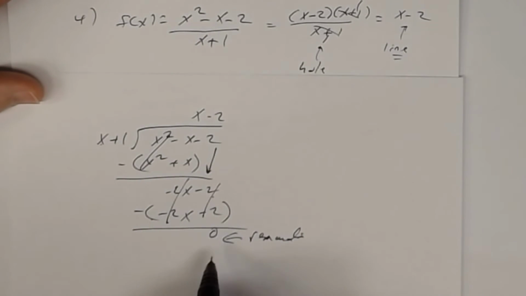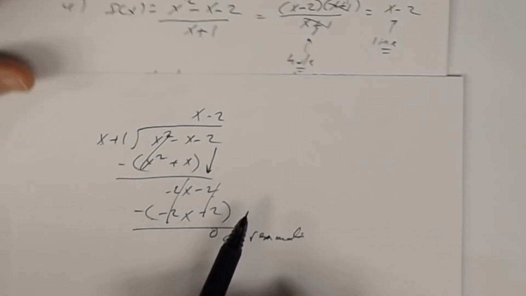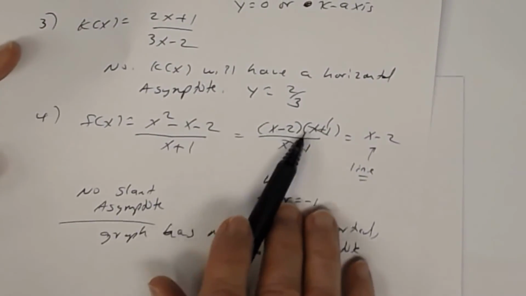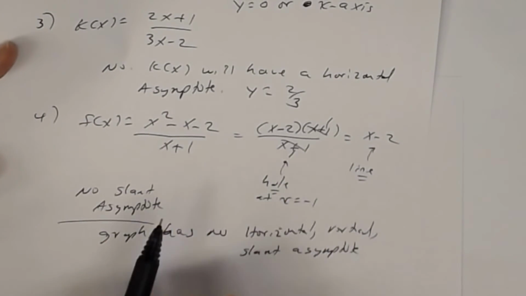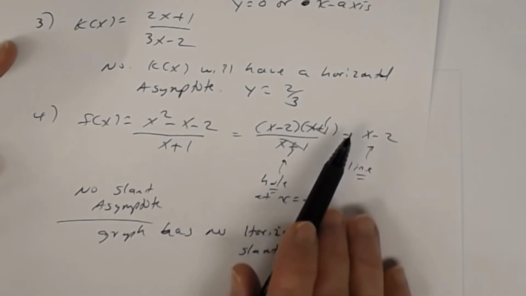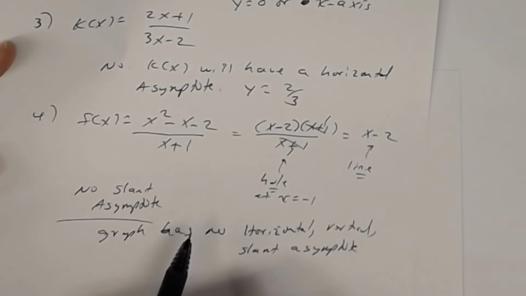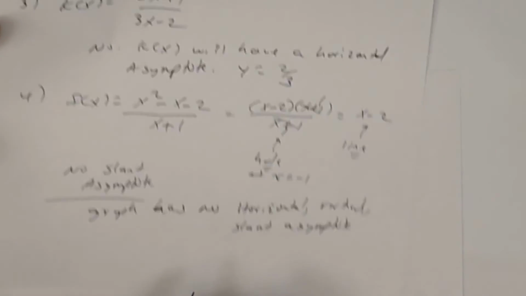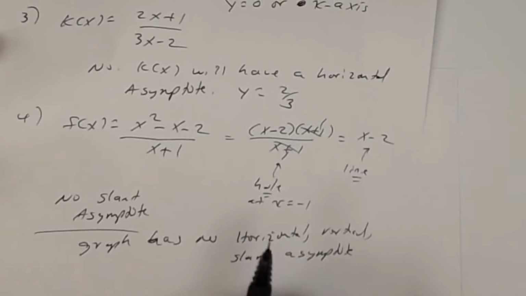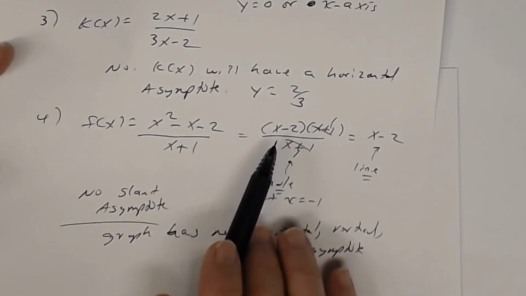Whenever the remainder is 0, that means that this numerator here is factorable, and then you'll be able to reduce. So that's what that means.